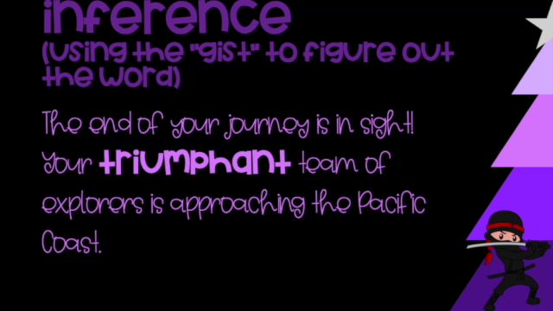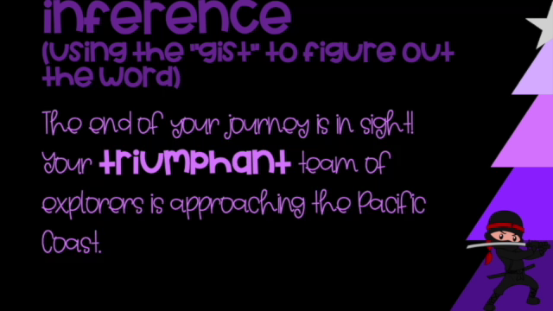The end of your journey is in sight. Your triumphant team of explorers is approaching the Pacific coast. I am going to use my inferencing skills, which just means that I'm going to think about the paragraph as a whole to try to figure out what the word triumphant means.